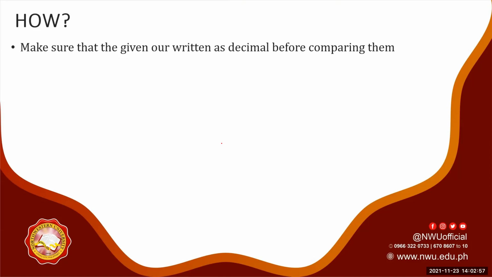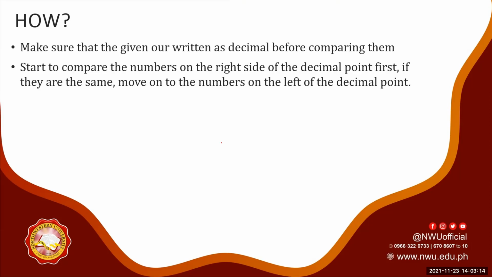Okay? So first rule, dapat you make sure that all of the given data are written in decimal numbers. You cannot proceed otherwise. Next step is to first compare the decimals with respect to their whole numbers.